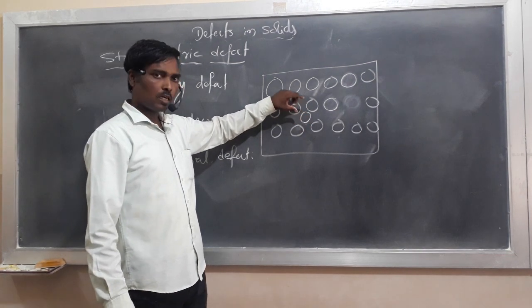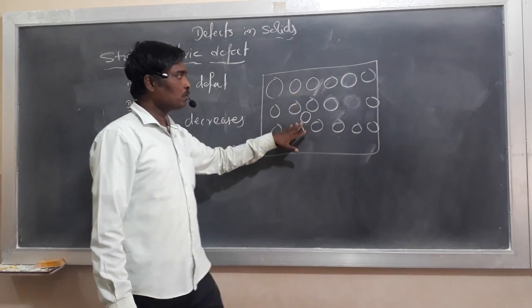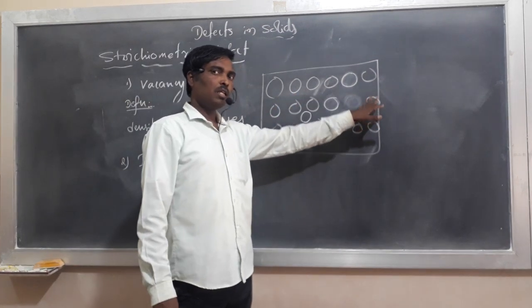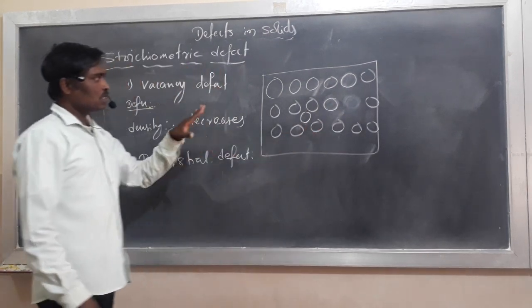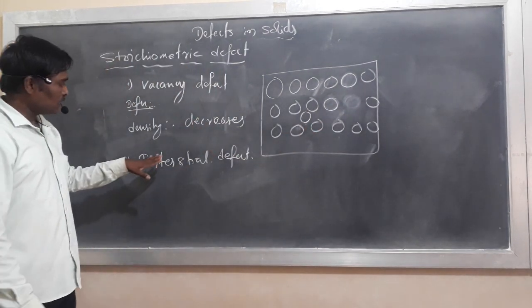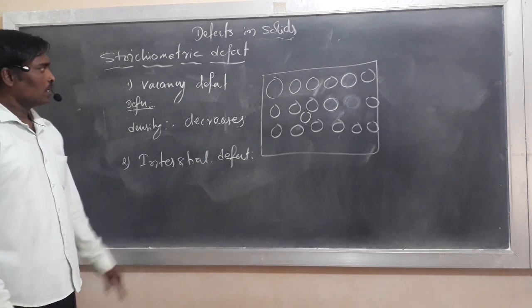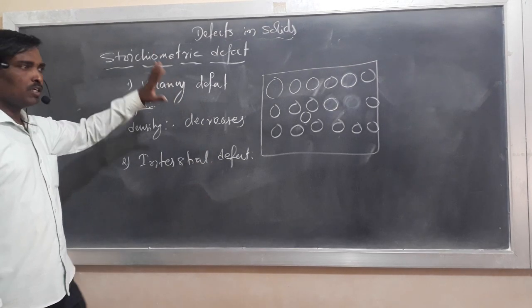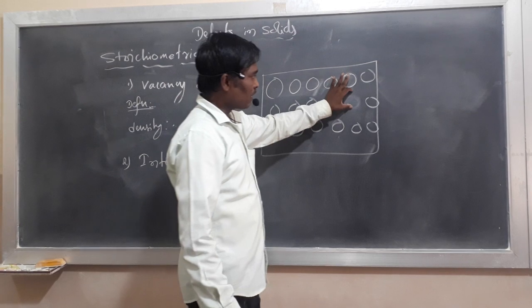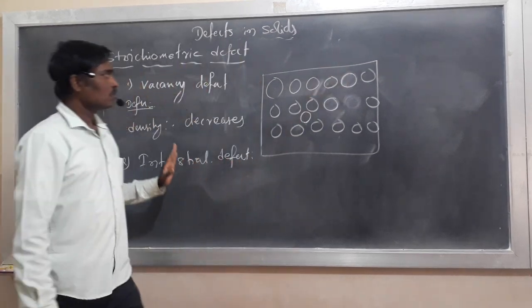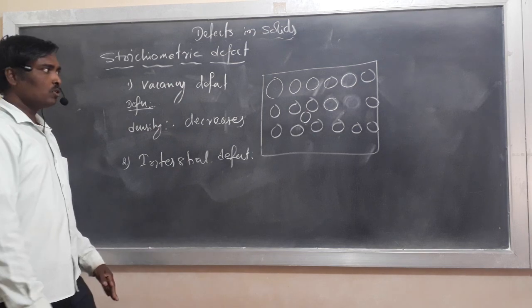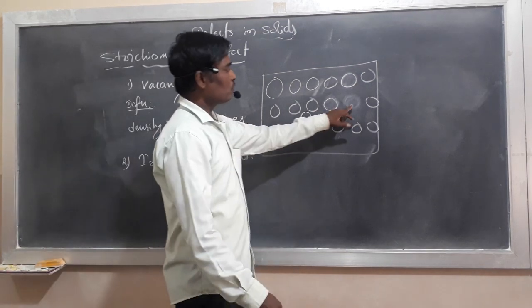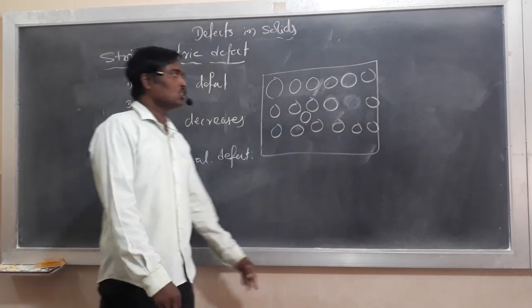So here the constituent particles are not present at the regular lattice point, they occupy the interstitial position. Such defects we call interstitial defects. In vacancy defects, there is complete removal of that atom from the crystal lattice, whereas in interstitial defects, the atoms are not completely removed, but occupy an interstitial position.